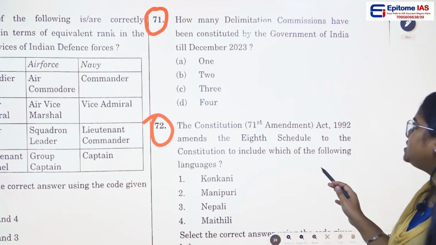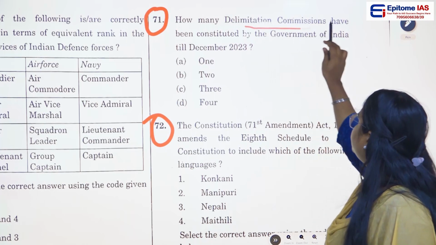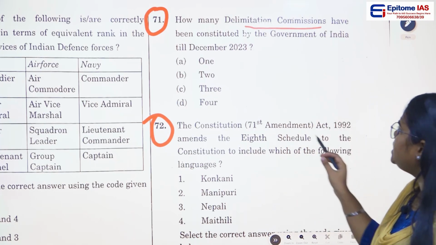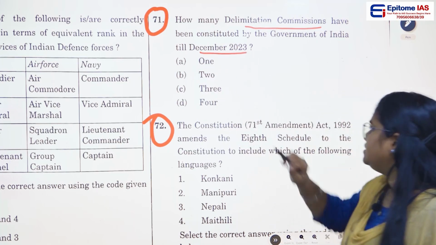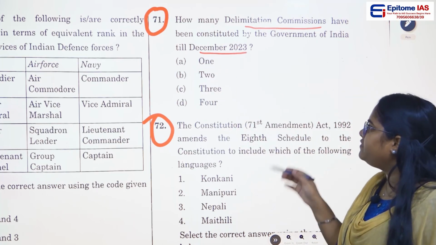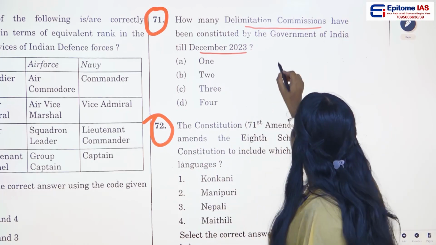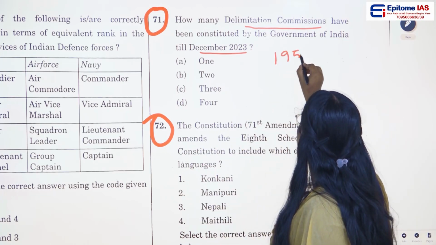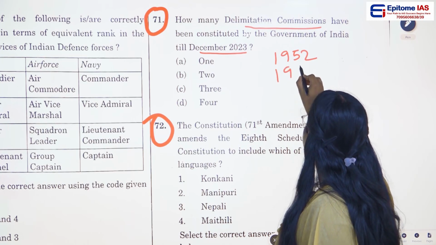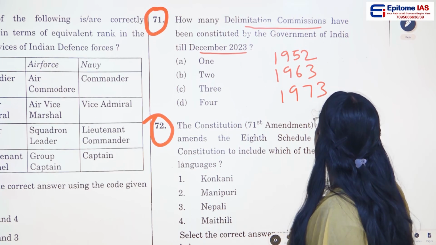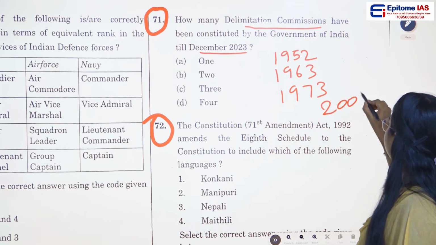So the next question is, how many delimitation commissions have been constituted by the Government of India till December 2023? If you see, we have constituted delimitation committees, one in 1952, then in 1963, then in 1973, then in 2002.